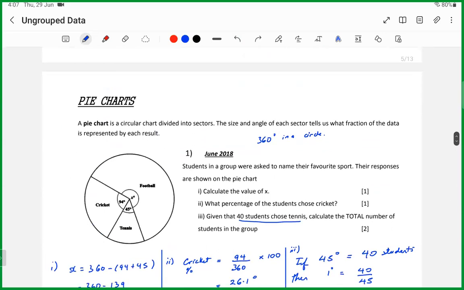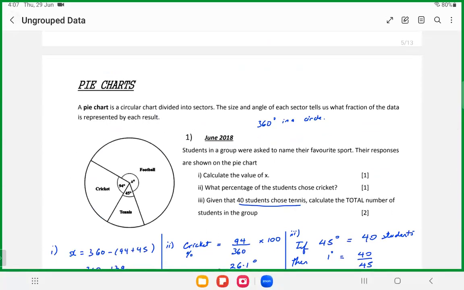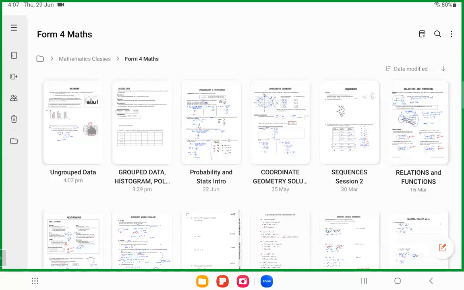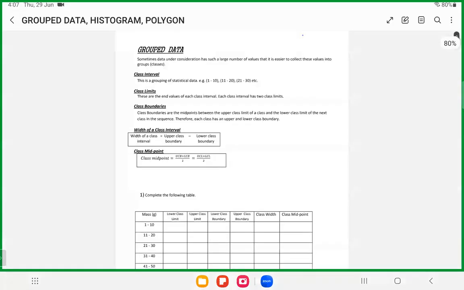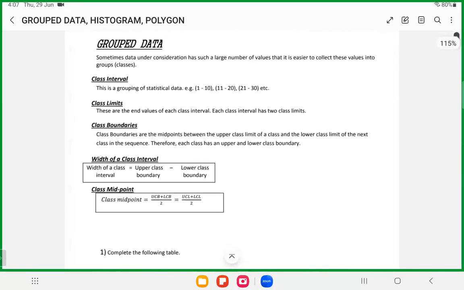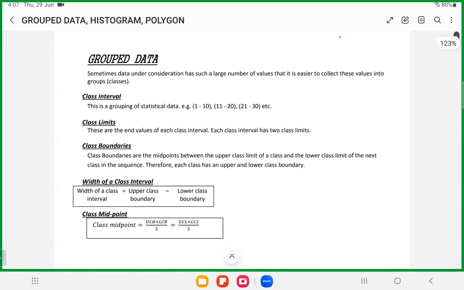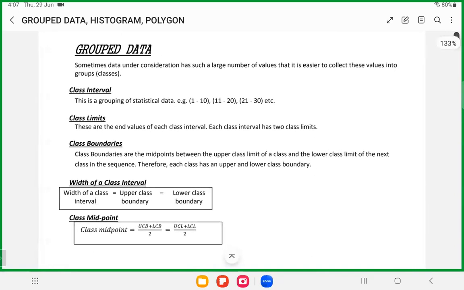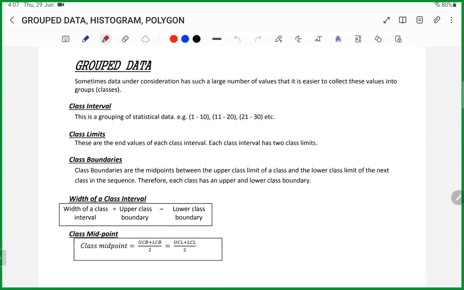All right, so now we are moving on to grouped data. When we are looking at grouped data, we have some very important definitions, right? When we have grouped data like this, you have different classes of data.